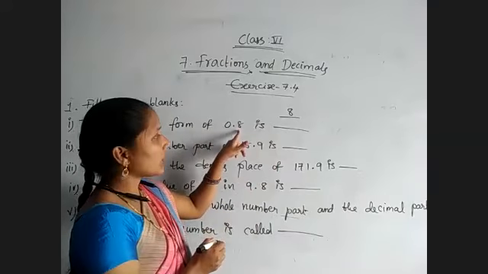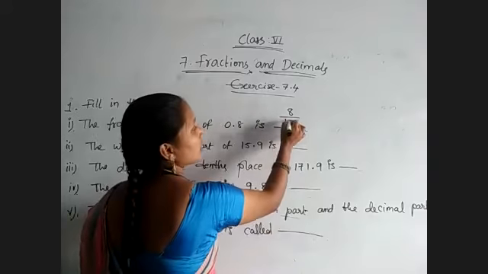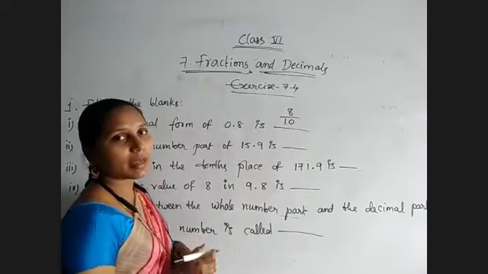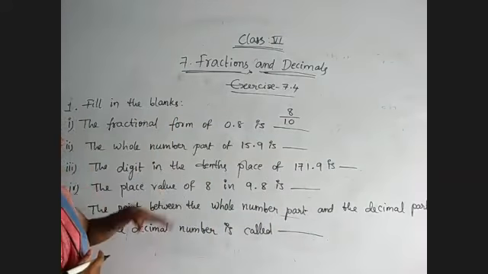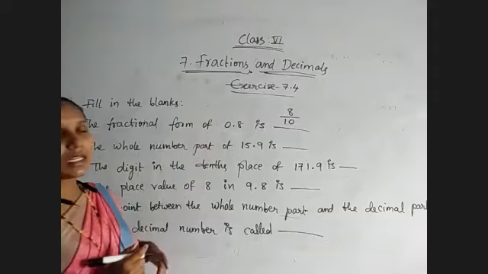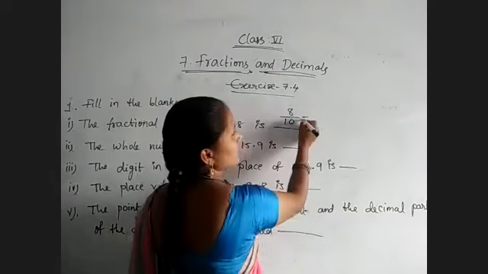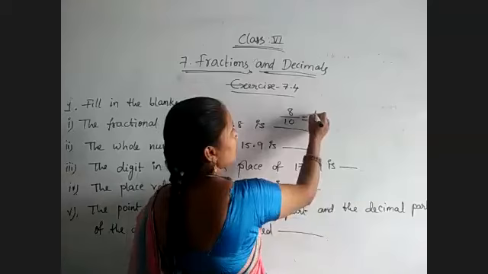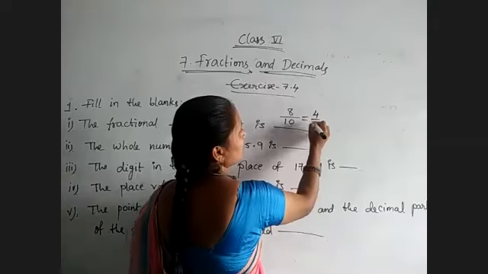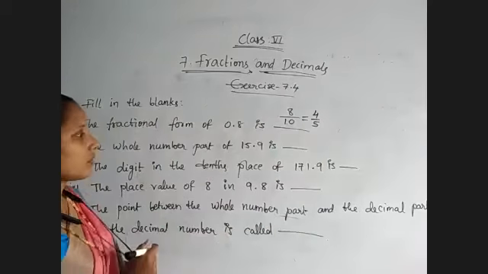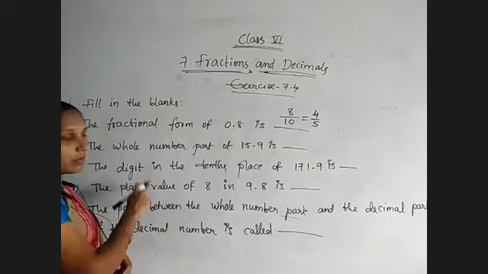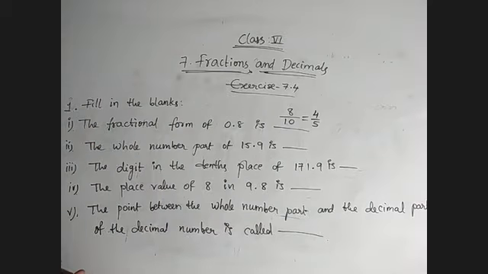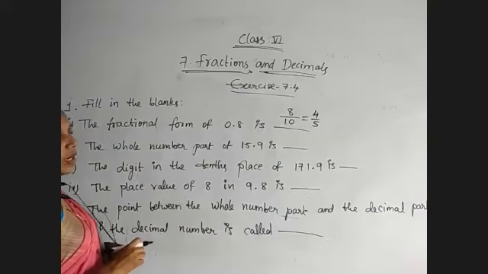Only 1 decimal digit, so 10. So it is 8 by 10, a decimal fraction. It is a fractional form, and if you want to write it in lowest form, you can, because both cancel in the 2 table: 2 fours are 8, 2 fives are 10.